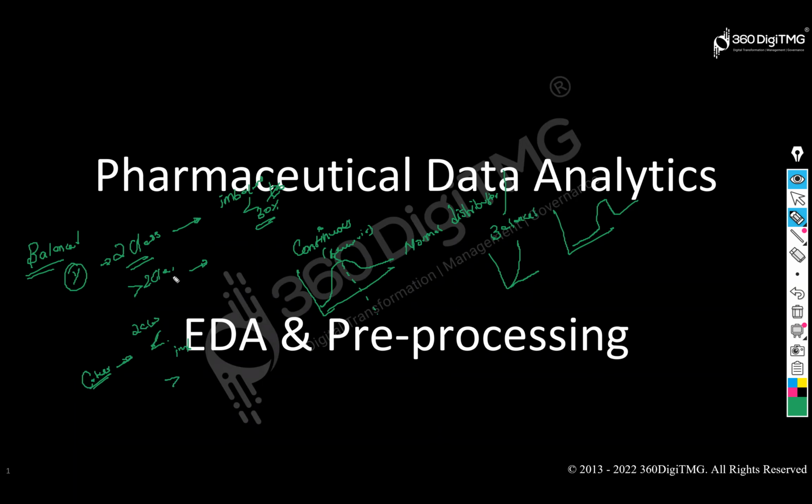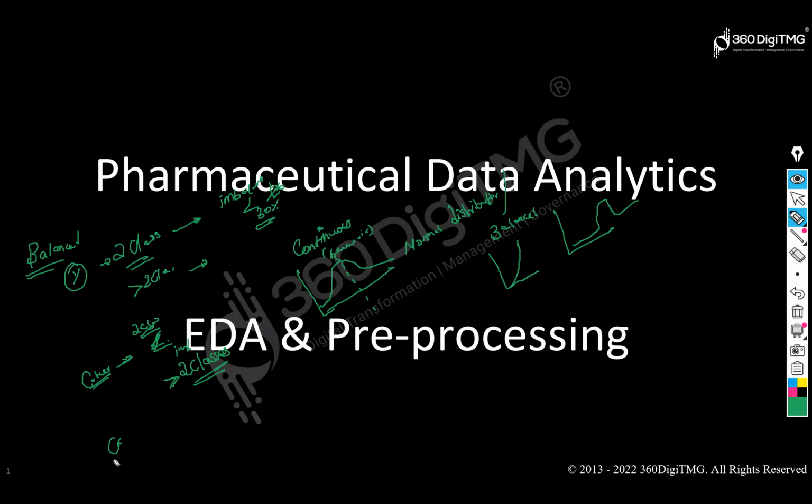If we have more than two classes, like 3 classes or 4 classes, we can look at the data and say.